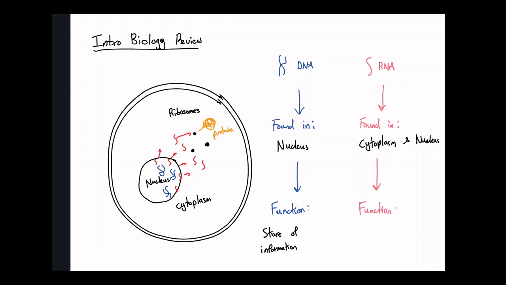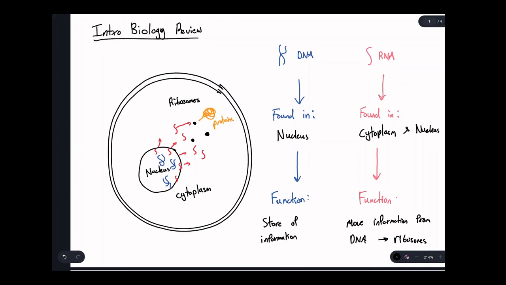DNA encodes RNA. RNA makes proteins. So the function of RNA is not to store information, really. It's to move information, to transfer, to message information from the DNA to the ribosomes, right?